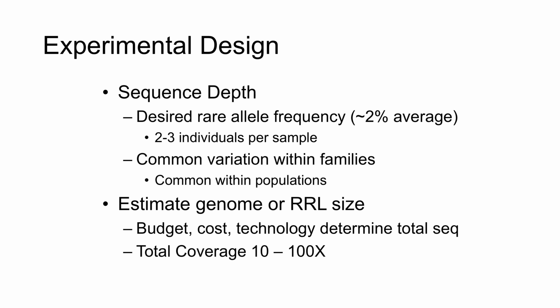Anything sort of less than 10x is low coverage. And you'll be able to impute a lot of missing data because of the relatedness within families and even within populations, especially due to linkage disequilibrium. So the coverage can be rescued to a certain extent by the relatedness.